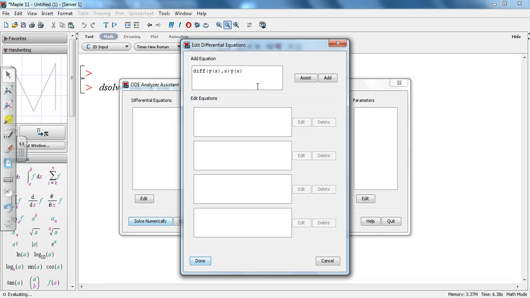And then the problem says that y prime is equal to 1 divided by the square root of x plus 2. And I'd add that equation.